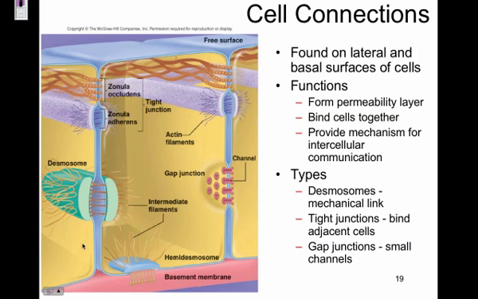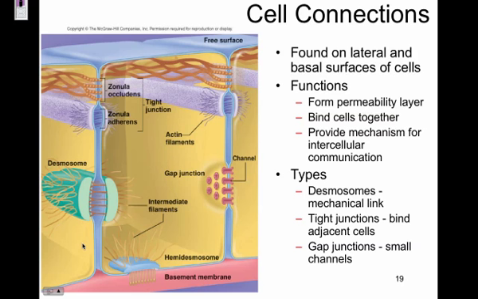The functions are to form a permeability layer so that any nutrients or gases can diffuse right through both cells from inside one cell to another, or they communicate with each other with chemicals. These cell connections can also bind cells together, and they allow for intercellular communication.